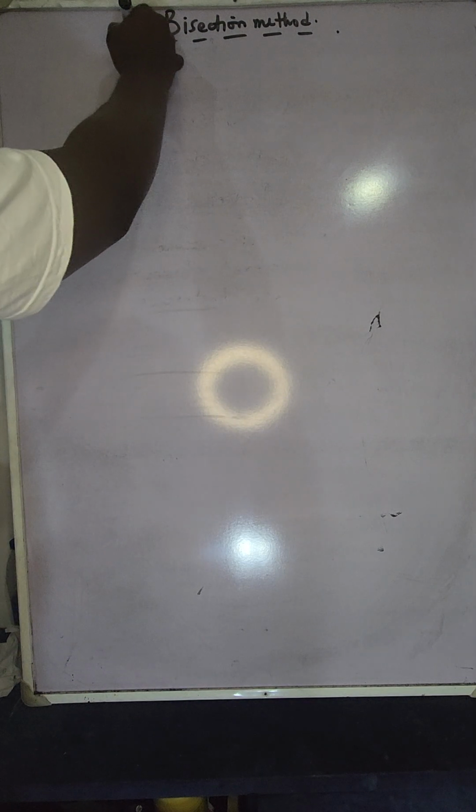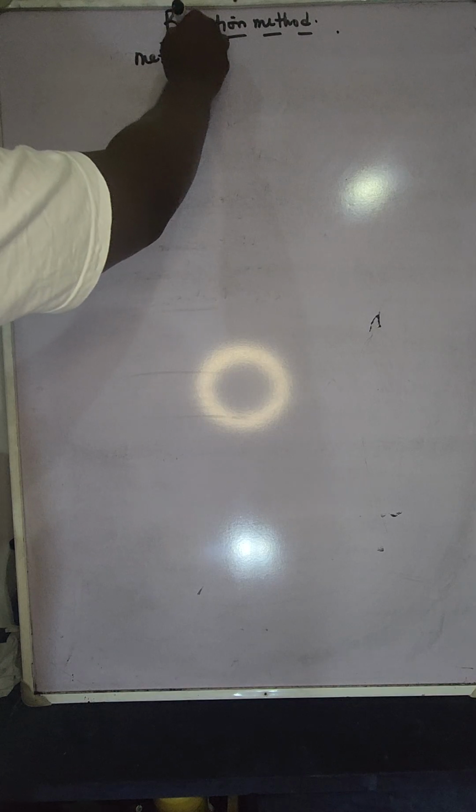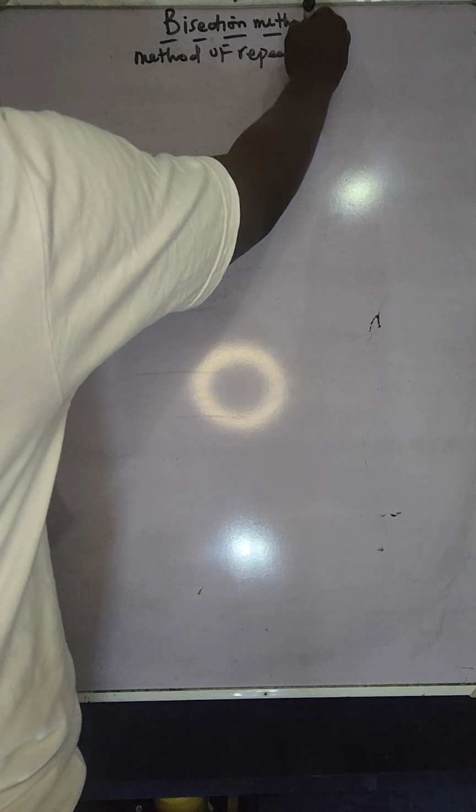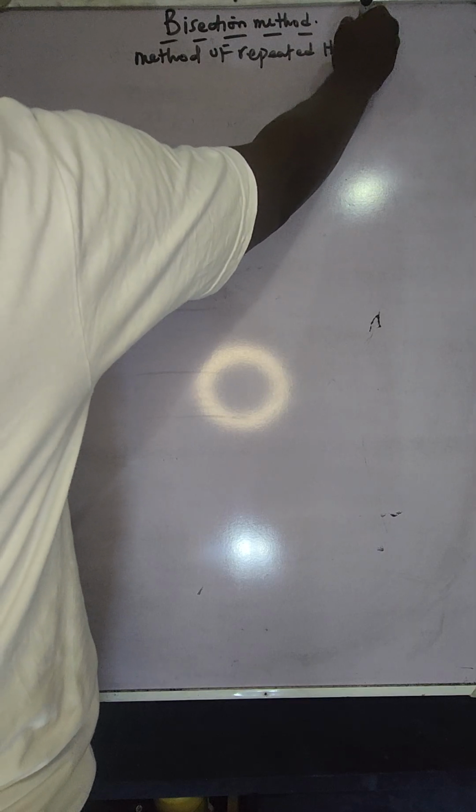The bisection method is also called the method of repeated halves.